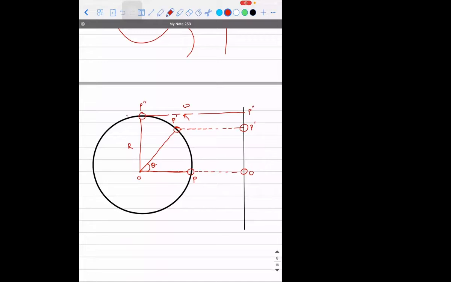After P double dash, it will come somewhere over here, P triple dash. Again, there will be another point here where it will appear like this. Let me call it P triple dash, something like this. Then how much is this distance in terms of an oscillatory motion?